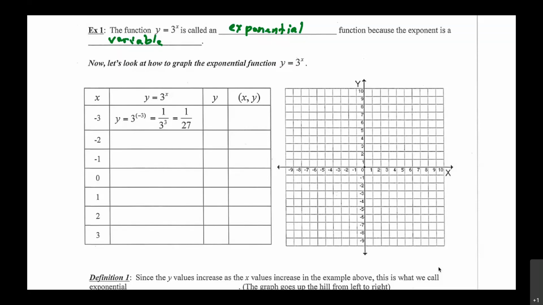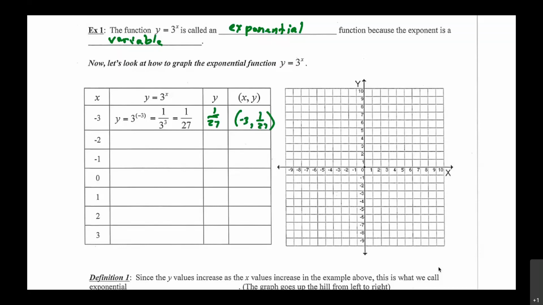So the x value that got plugged in was -3, the y value that came out is 1/27, and therefore the first point on my graph is (-3, 1/27). I could at least approximately plot that on the graph. Let me stop for a second. Does it make sense where the 1/27 is coming from? How they got the 1/27? Like I said, -3 goes in for the power, the negative exponent turns it into a fraction, and then evaluate from there.